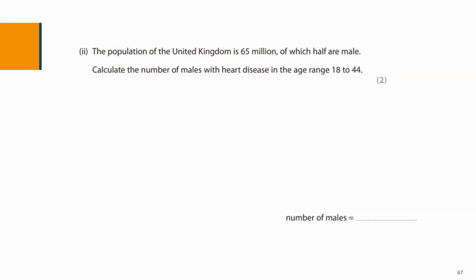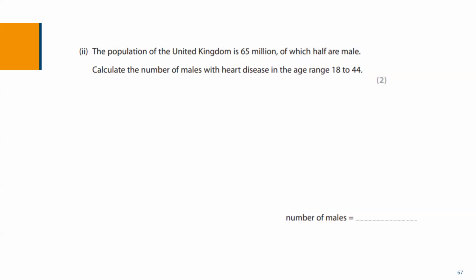If they put the wrong answer on the answer line, but there's working there, the examiner can look at their working and the mark scheme will show that they might get 1 of the 2 marks because they, for instance, correctly halved the population, because it says the population is 65 million, of which half are male. Calculate the number of males.